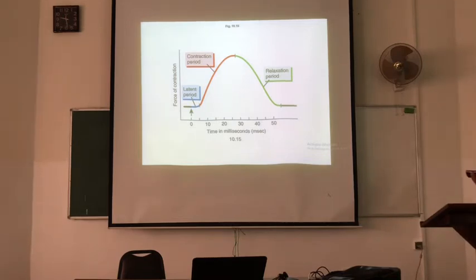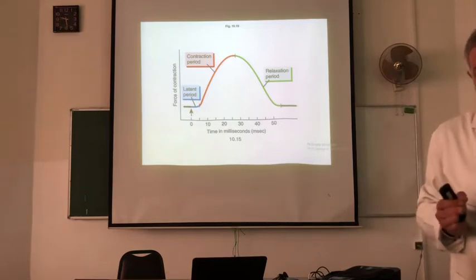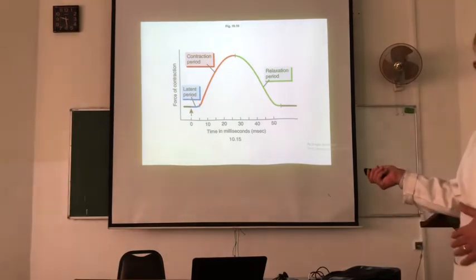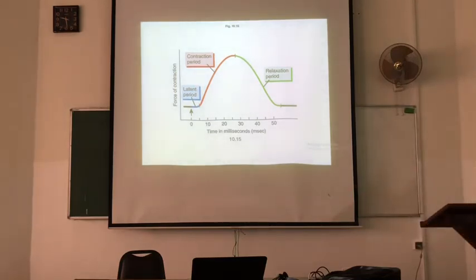So we are defining here a third period, which is called the latent period. What happens in the latent period? A lot of events, all the events that take place before the release of calcium. The action potential at the sarcolemma, for example, takes place during that period.